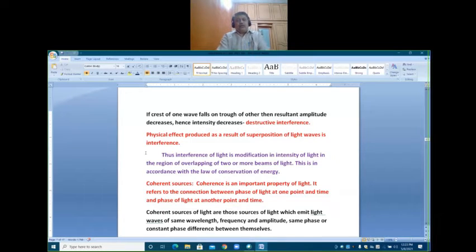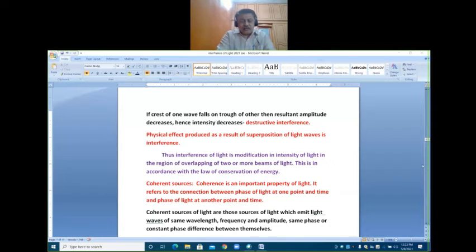In all, we understand interference as the physical effect produced as a result of superposition of light waves. As a result of interference, we see a pattern of alternately bright and dark bands.